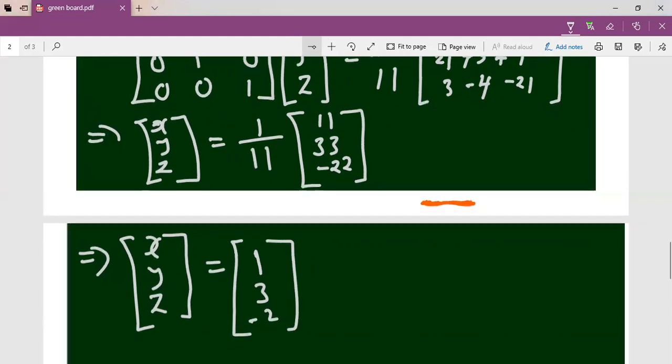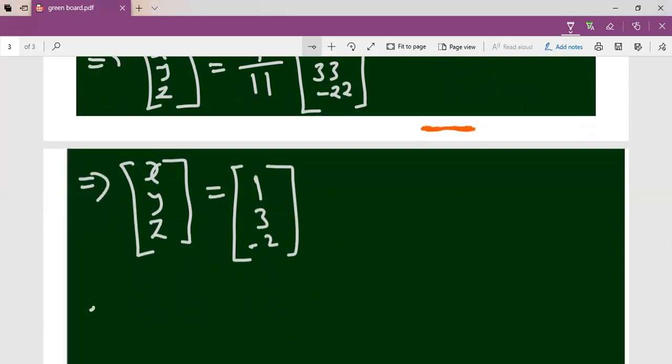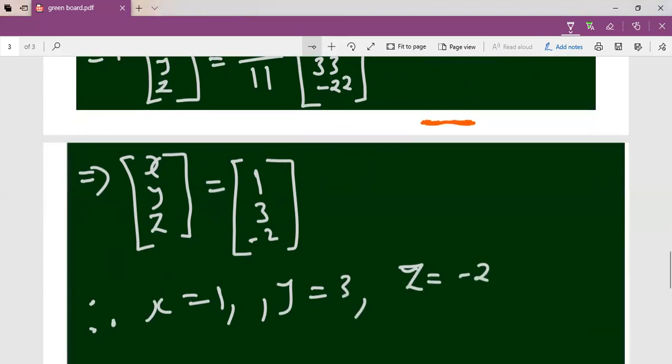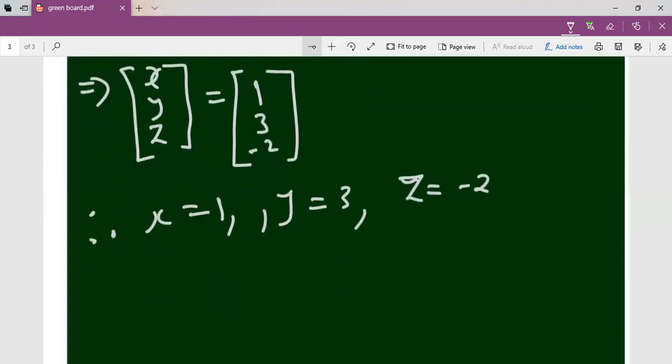What does it mean? Therefore, X is 1, Y is equal to 3, and Z is equal to -2. Those are the solutions for those simultaneous equations.